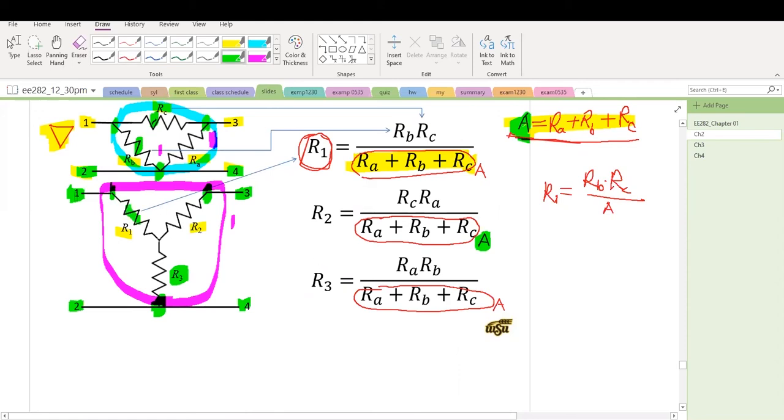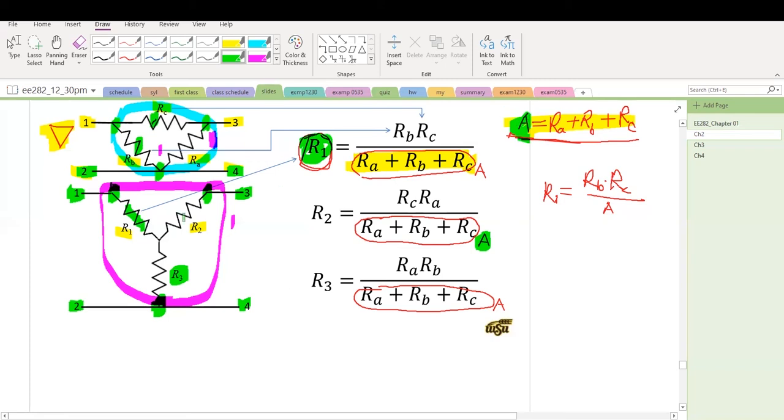R1 is connected to terminal 1. In the delta connection, terminal 1 involves two resistors, RB and RC. So this is a tip to memorize this result: R1 equals RBRC, the resistors involved with the same terminal, divided by this quantity A.